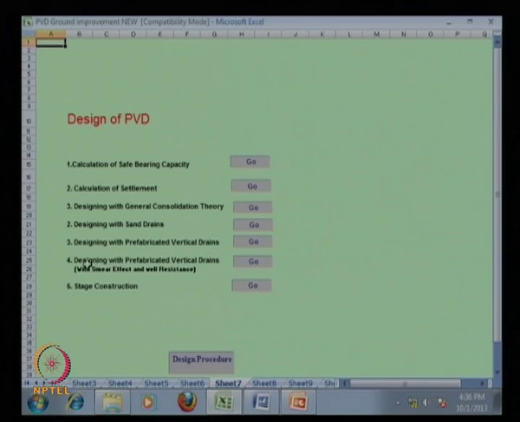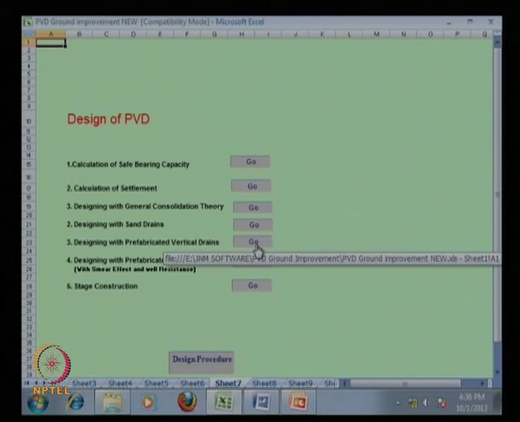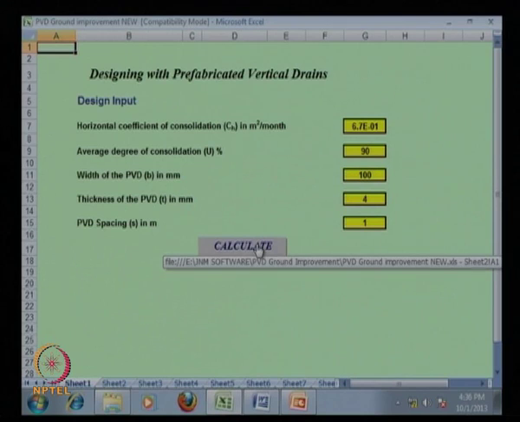So, now we will adopt the prefabricated vertical drain, designing with prefabricated vertical drain. Let us see what will happen if we use it.